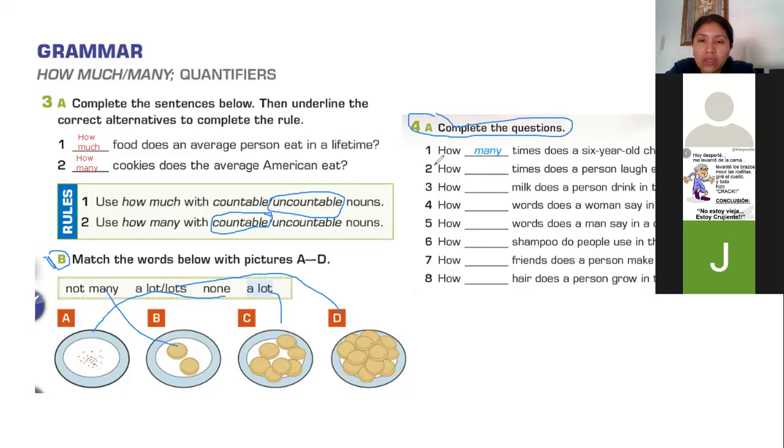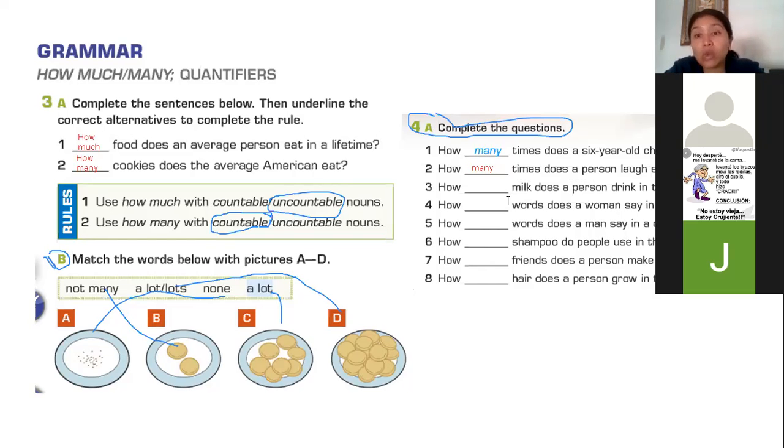Lorena, can you read number one and number two, please? Lo digo todo. How many times does a person laugh every day? Every day. Okay, how many times? Very good. Aquí, ojo, por favor. Times y time es diferente.